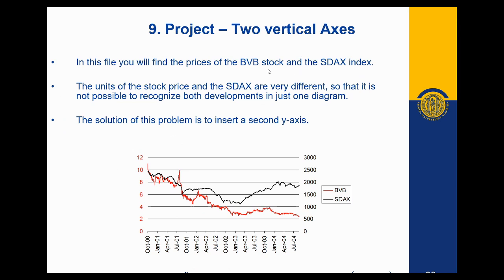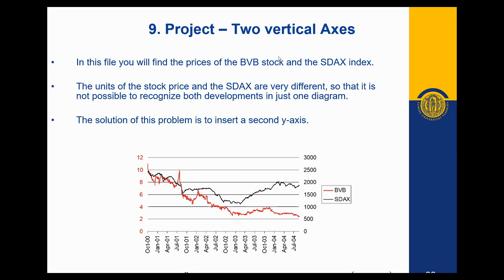For this project, we have data from a stock, BVB stock, and the SDAX index, which collects a group of stocks and therefore represents an index for all these types of small stocks. But these prices are so different.